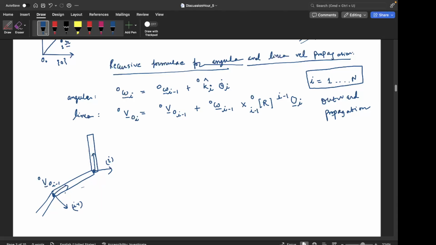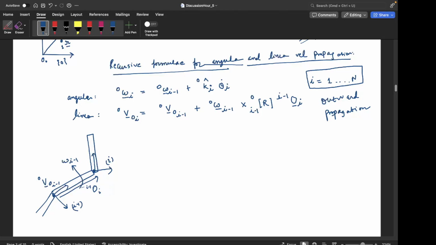Okay, and then if I know the velocity of this, now if you just sit on this joint, then what you see is that this link is rotating with omega I minus 1, right? And this distance is basically your O I minus 1 and I, the position of the origin of the ith frame with respect to the I minus 1th frame, right?